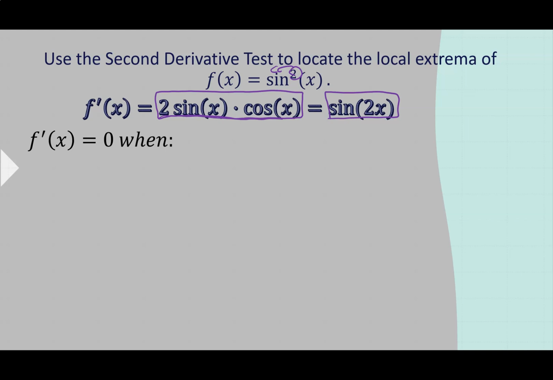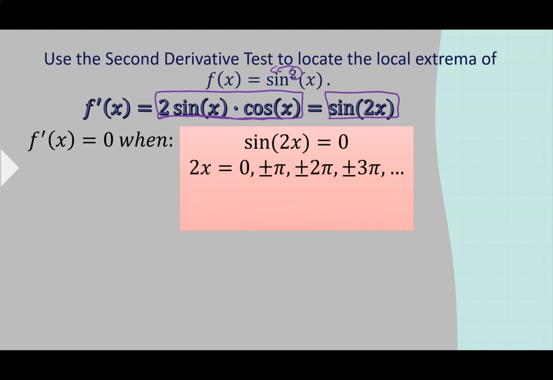So your critical points, where the first derivative is equal to 0, occur when sine of 2x is 0. So when is sine 0? Let's look at your unit circle here. Sine is 0 here and here, right?